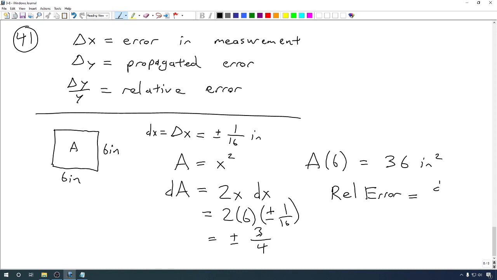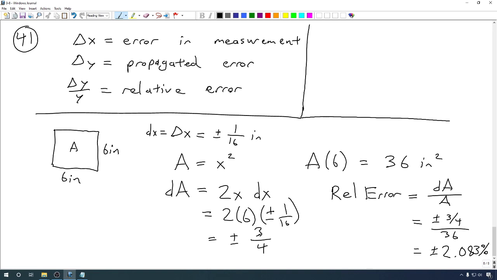So we're taking dA over A, or plus or minus 3/4 divided by 36, which is plus or minus, now, this would be 0.02 something. We're going to turn that into a percentage, so we're going to multiply by 100, so we get 2.083%. So we could be off from the true area of this by a little bit more than 2%, which might be good enough for our measurement.